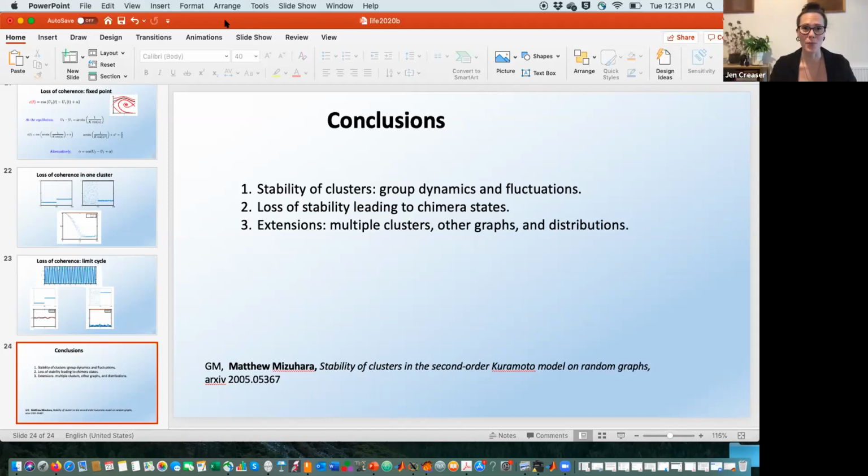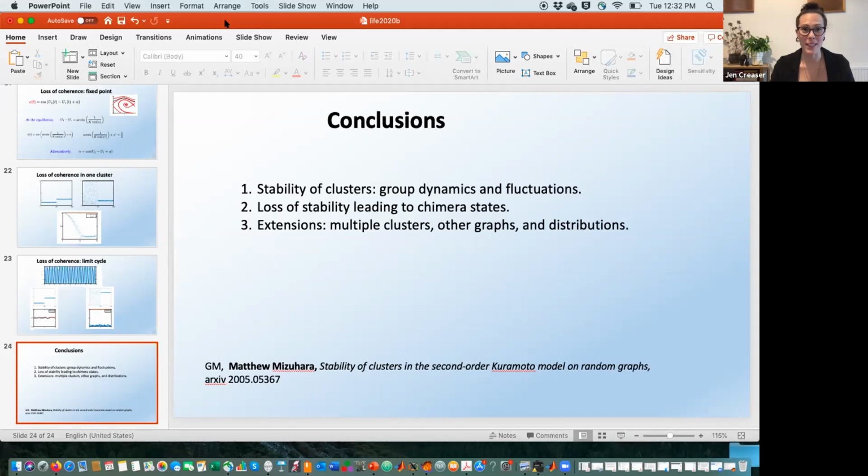Bimodality makes analysis easier, but in principle we think that with some work one can do the same even for maybe a uniform distribution. So it's more for analytical convenience.